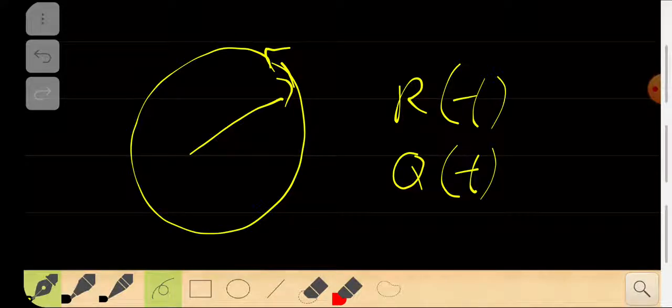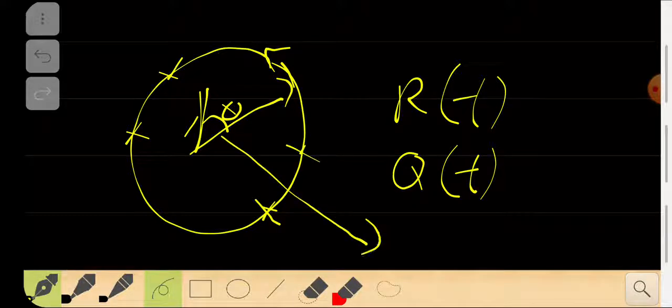So radius can change with time, and also the theta, the angle, can change with time. That means the angle swept across different time: it will go faster from this part to this part, slower from this part to this part. The radius will be higher in this part, smaller in this part. So that kind of elliptical orbit, something like that. So any mode of rotation.